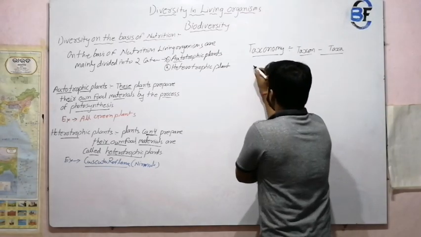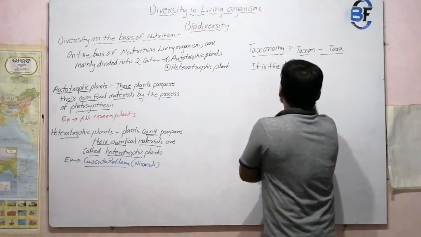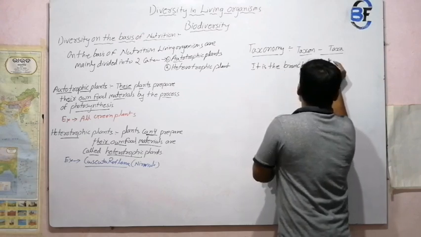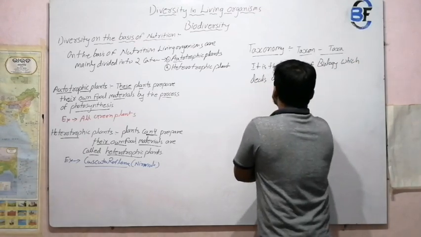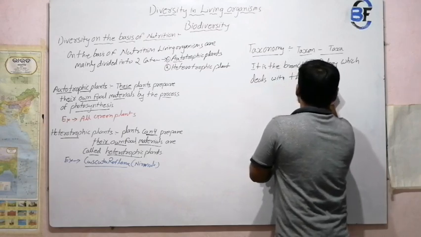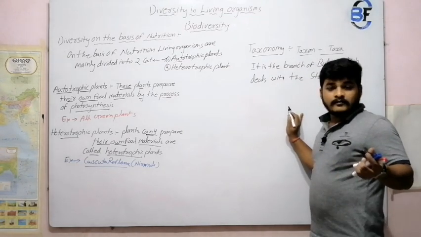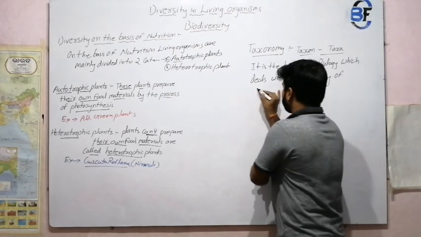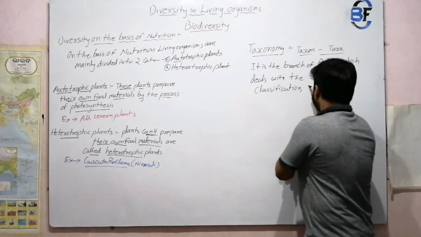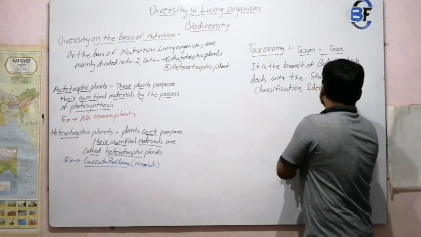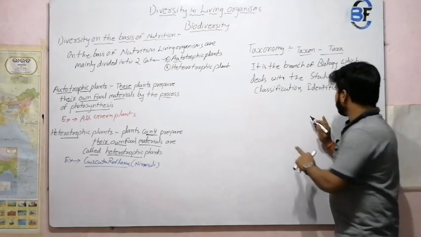I just wrote the term over here. It is the branch of biology which deals with the study of classification, identification and naming of an organism, which is basically known as nomenclature.